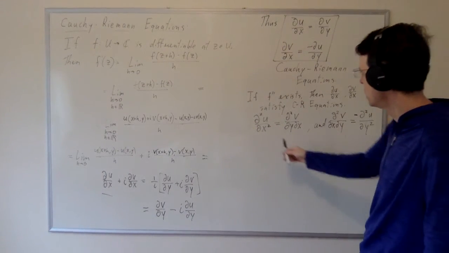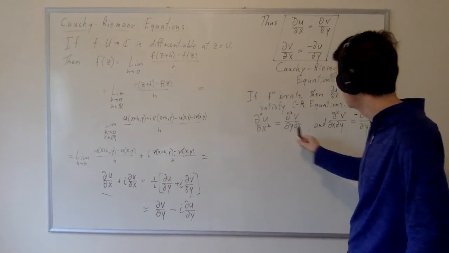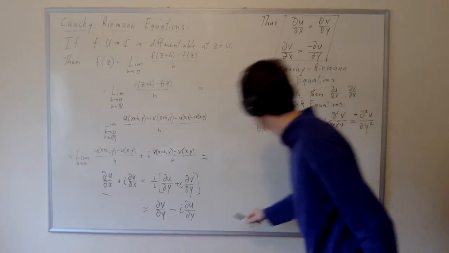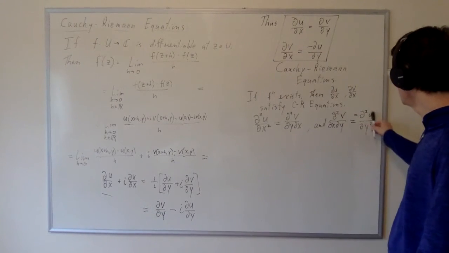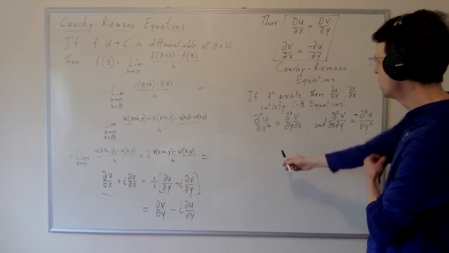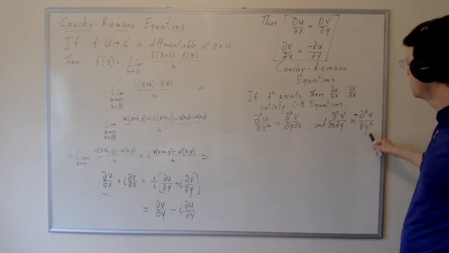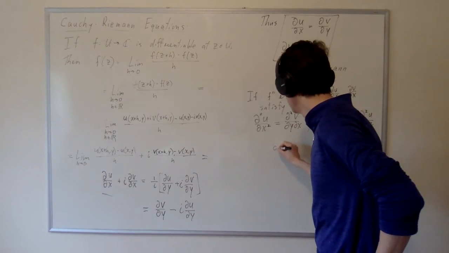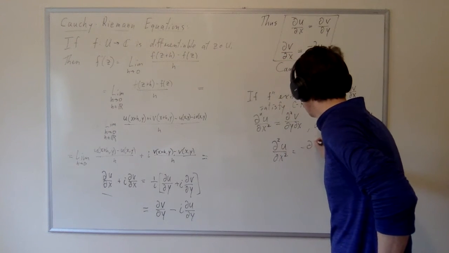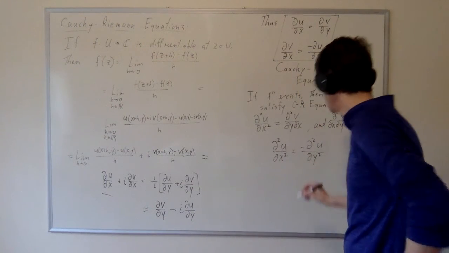So that's interesting. This thing, d squared u dx squared, is equal to this mixed partial of v, but for a completely different reason, the same mixed partial of v is equal to this. And so if we take these two equations, then we can combine them to say that this thing, which is entirely about u, is equal to this thing, which is also entirely about u. And so we get partial squared u partial x squared equals minus partial squared u partial y squared, which is kind of surprising.